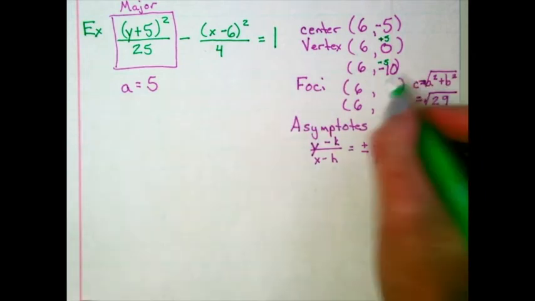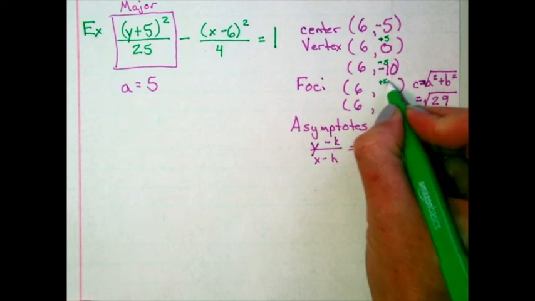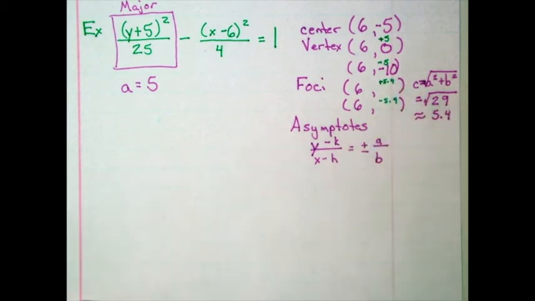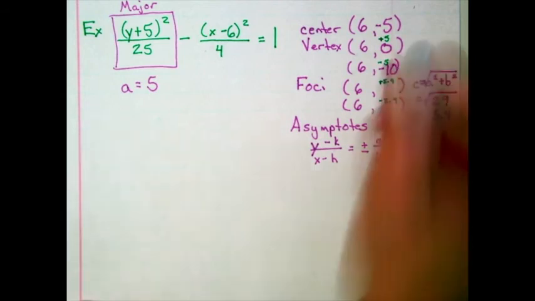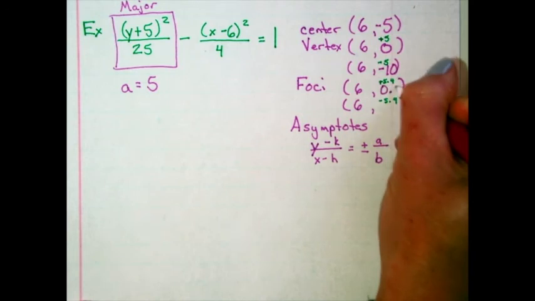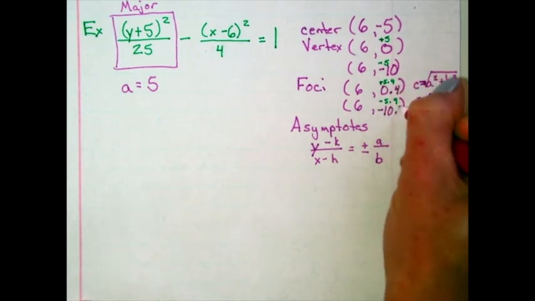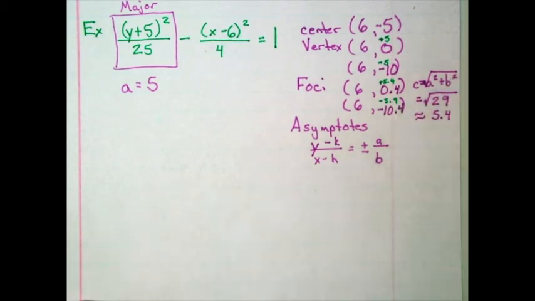So remember we have to add 5.4 and subtract 5.4 from that center. So this is going to be 0.4 and -10.4. So we've got all of those ordered pairs.